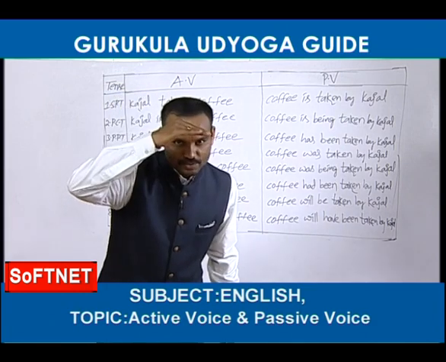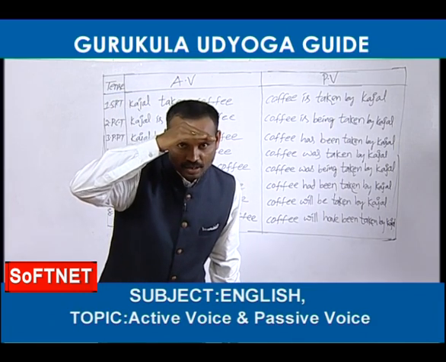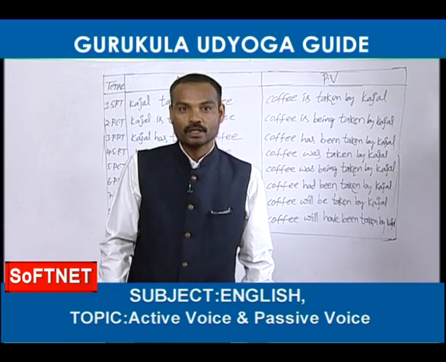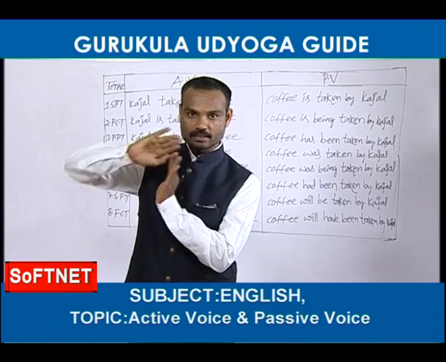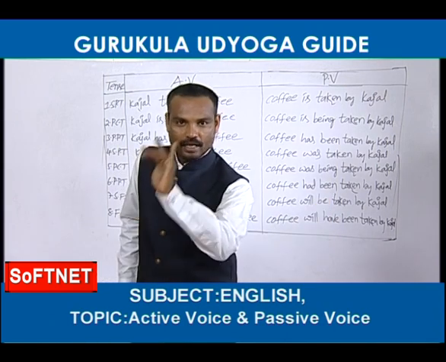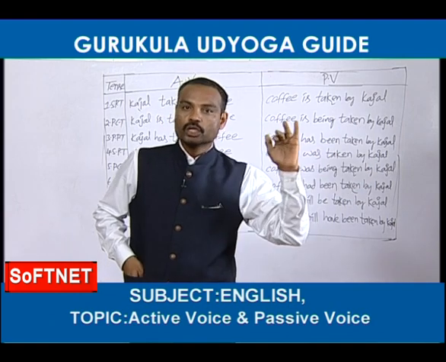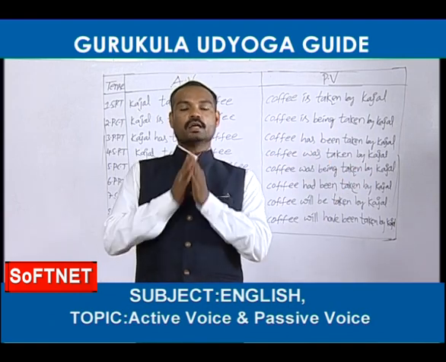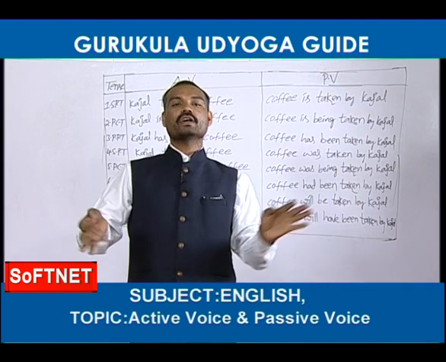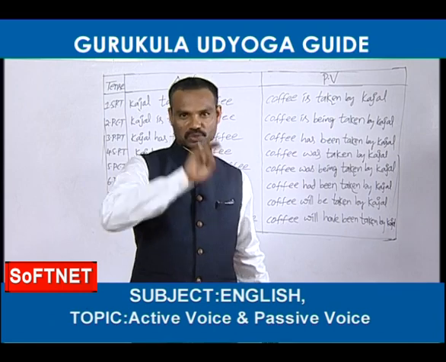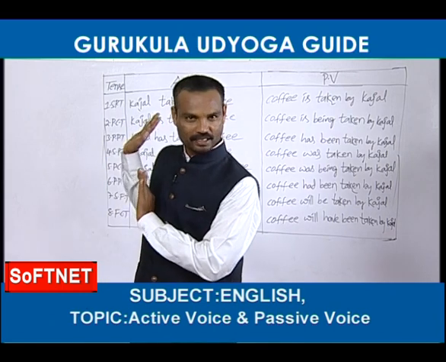But of course there are 4, only for 2 tenses passives are available. One is for simple future, there is a passive, and another one is future perfect tense. For future perfect also, we can find out a passive, but there are no passives for future continuous and future perfect continuous tense. Only 2 tenses are there.